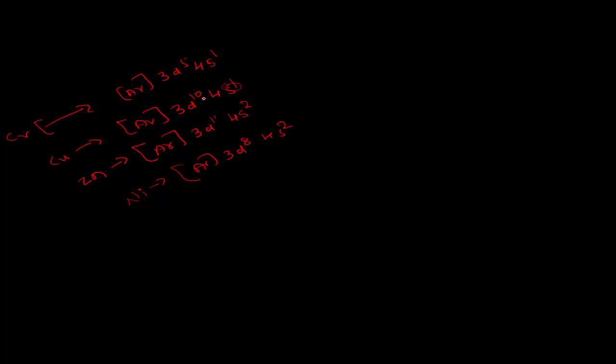Third ionization enthalpy will be highest in zinc because after losing these two electrons, it will attain fully filled d orbitals, since it has electronic configuration 3d10 4s2. After losing 2 electrons, it will attain a fully filled d orbital configuration, which is quite stable.